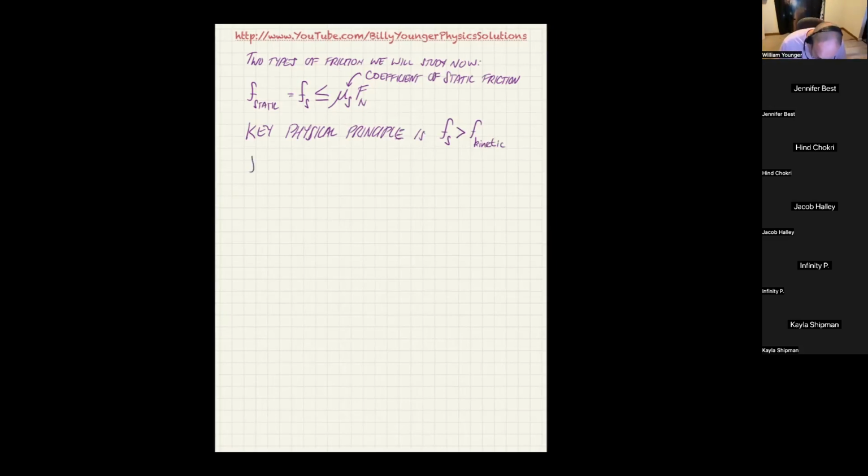Now, the friction kinetic is equal to mu kinetic times the normal force. Okay, so notice this one's exactly equal, whereas the other one was less than or equal to.